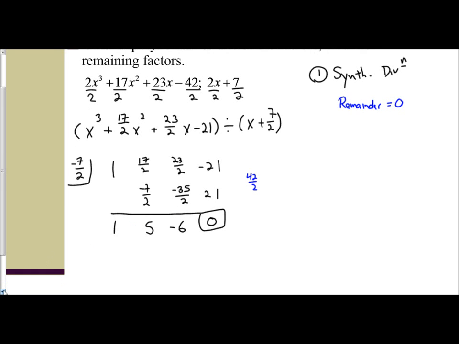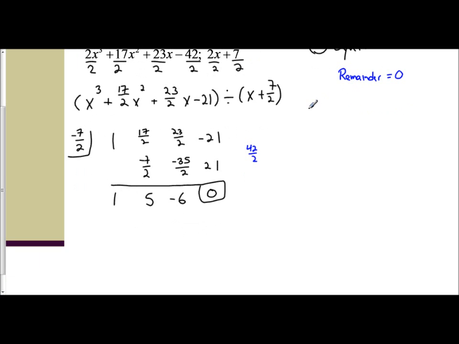So if we take a look at this, we now have our polynomial, and so we factor the remaining polynomial. Which here, that remaining polynomial is a quadratic.